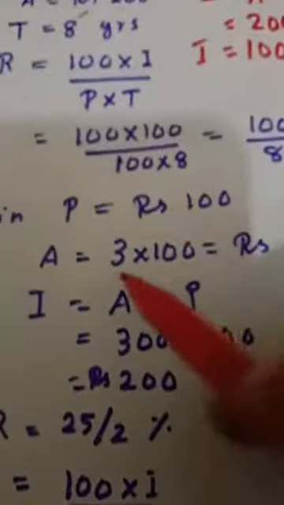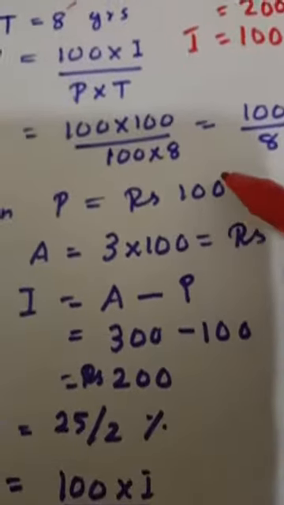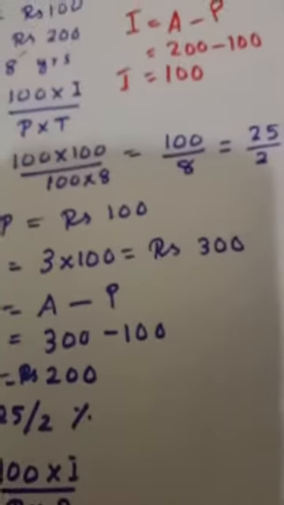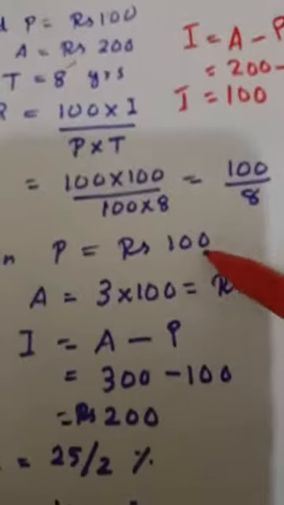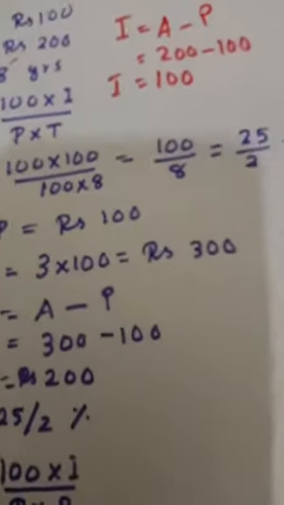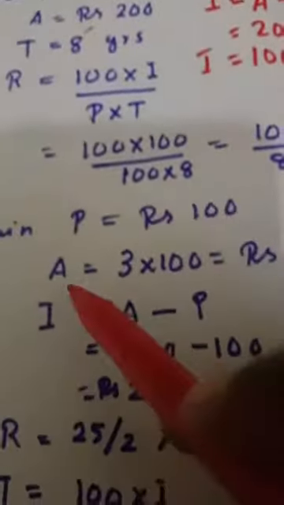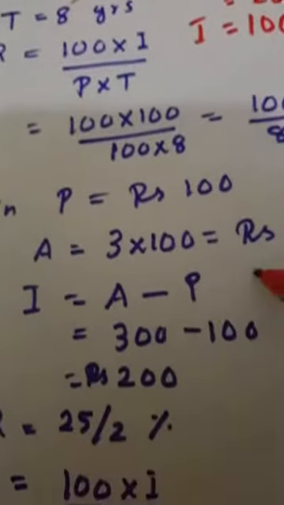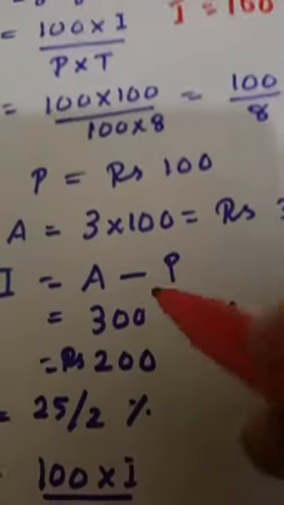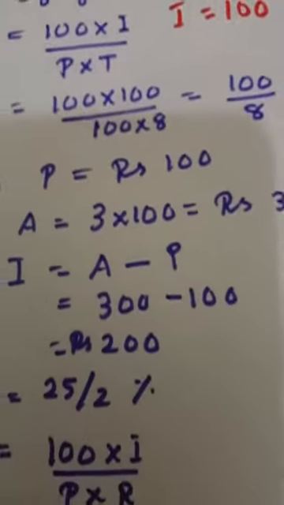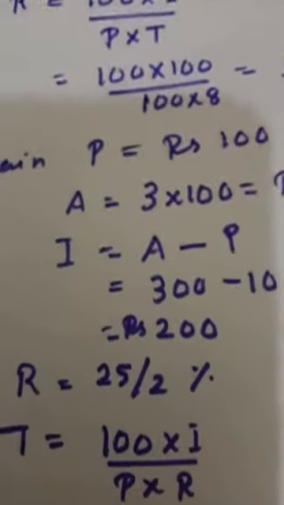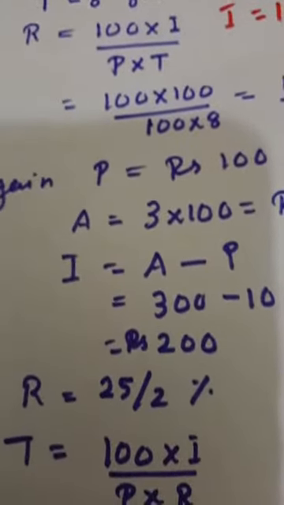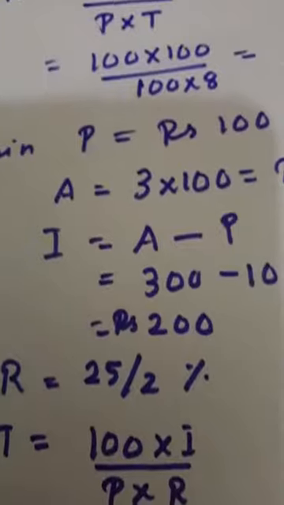So same way P is equal to 100, A is equal to 3 times the principal. So 300 rupees. Okay, P is equal to 100, A is equal to 300. Now what is interest? Interest is A minus P, that is 300 minus 100. It is 200. Interest is 200. Now the rate of interest is the same, that is 25 by 2 percentage.